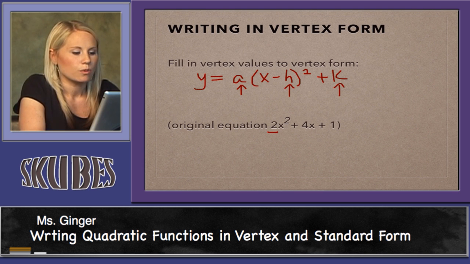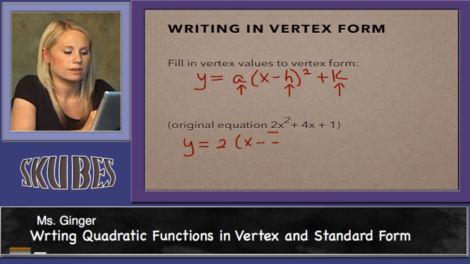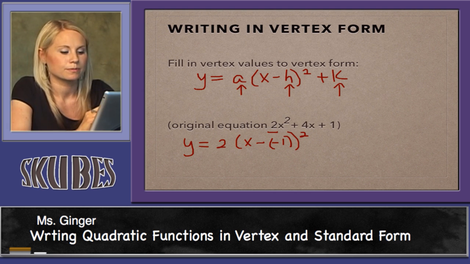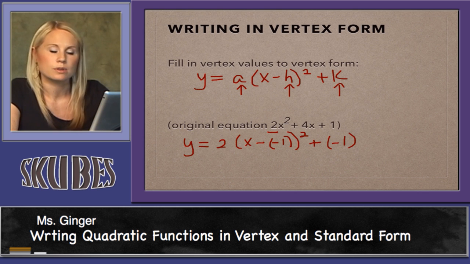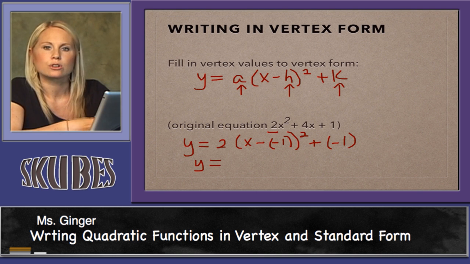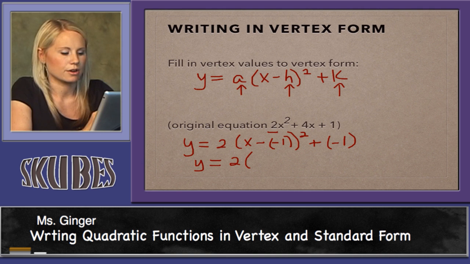So we're going to have y equals 2 times x minus, remember our h value was negative 1. So I'm going to put that little negative 1 in parentheses just to make sure that I don't lose track of any of these signs. And then plus my k value, I'm going to do the same thing. That was also negative 1. And you want to simplify this and make sure it looks good and you've got all the signs taken care of.